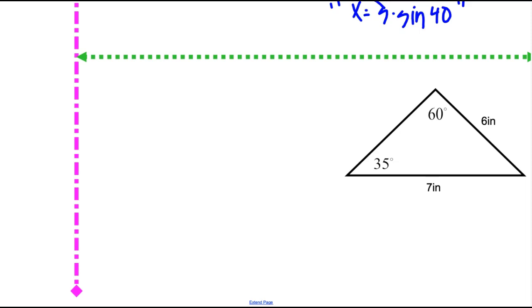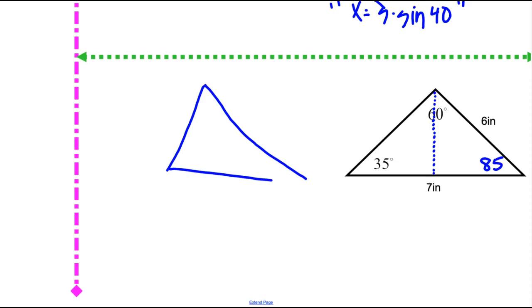So I don't think that if you drop a line straight down from here, that it's going to be halfway. If I drew this better, this would probably be 60, more like that, and this one is 85, more like that.